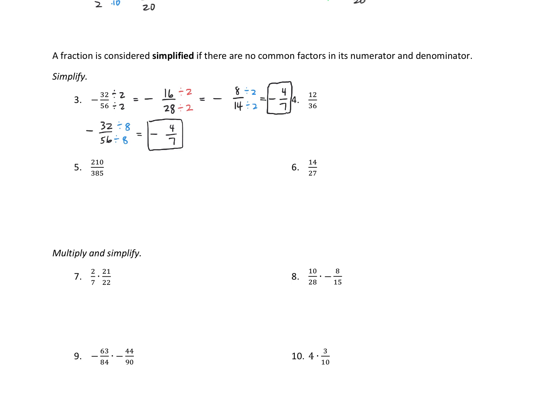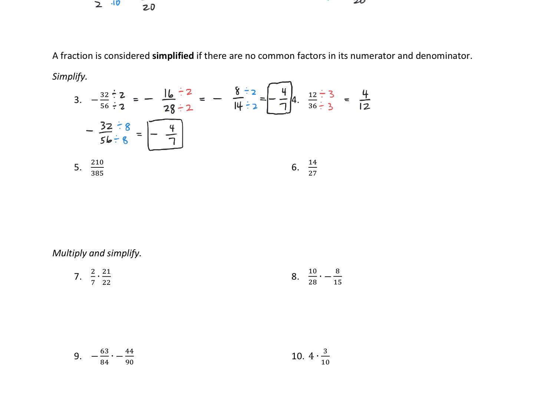Okay, so let's look at number 4, 12 and 36. There are several things that you could divide by. Maybe you see that the largest is 12. That would be great because that'll take you right to the answer. But let's say you didn't. Let's say you thought 3. So if we divide both the top and the bottom by 3, we would get 4 over 12.